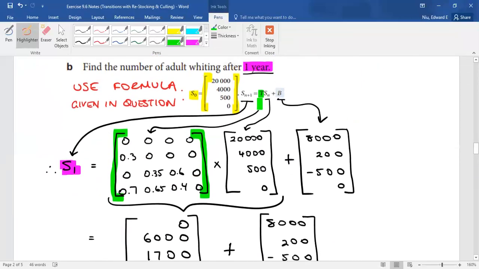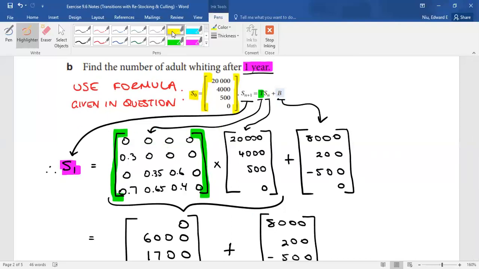That's represented in T. The SN just means, if this is S1, what's before S1? Before S1 is S0. If this was S2, then this would be S1. If this was S3, this would be S2. So whatever value is in the subscript here, this matrix is always going to be the year before.